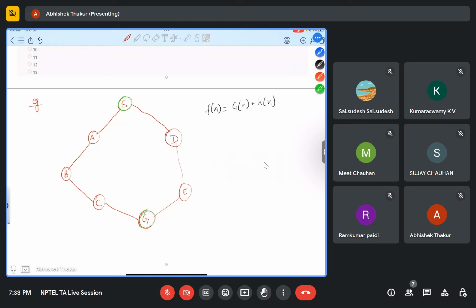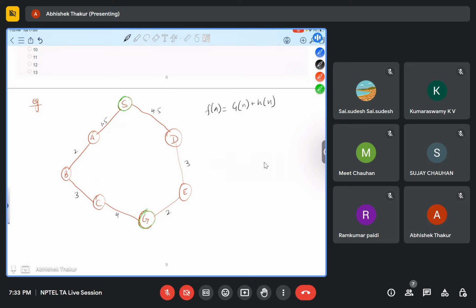So g(n) is written in black pen: 1.5 is the g(n), here it is 2, sorry, here it is 2, here it is 3, 4, 2, 3, 4.5.